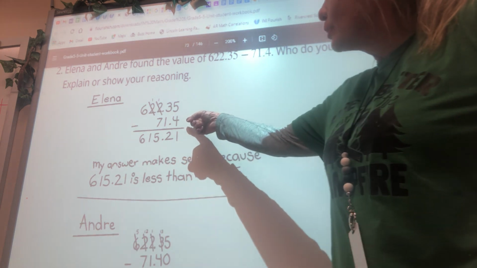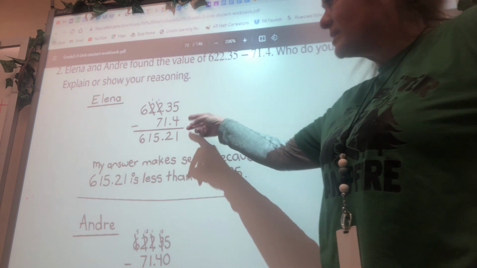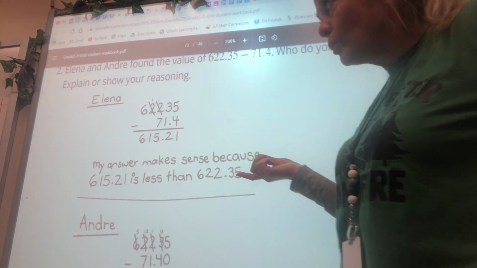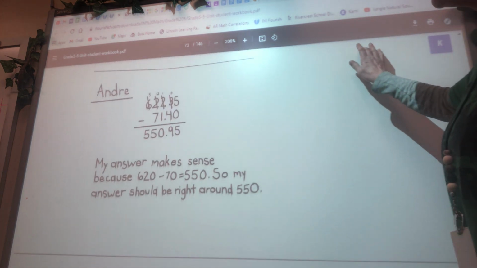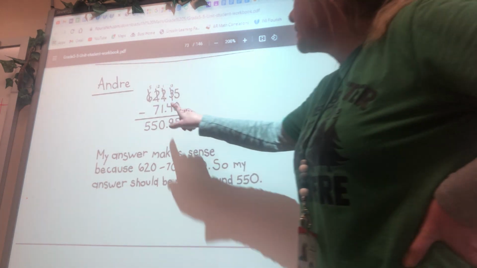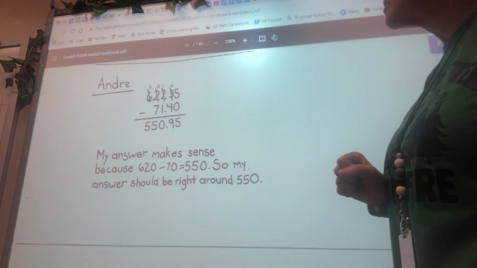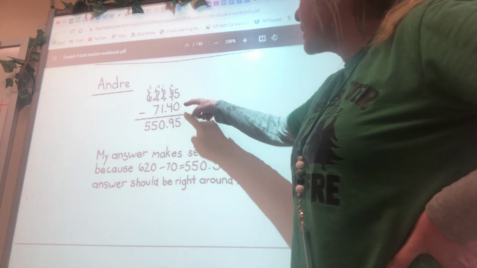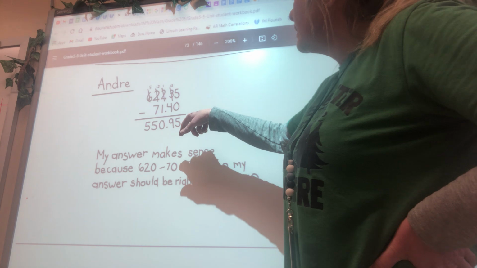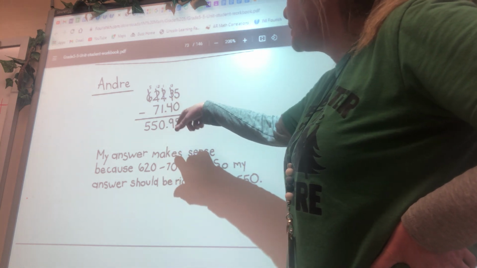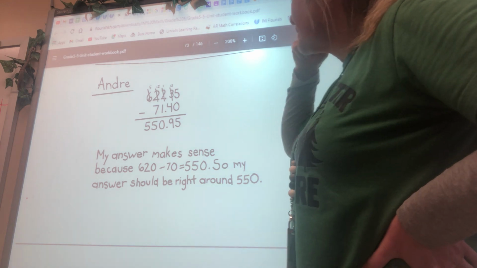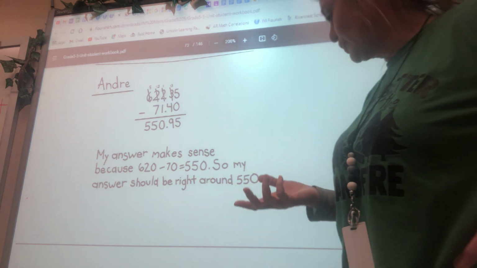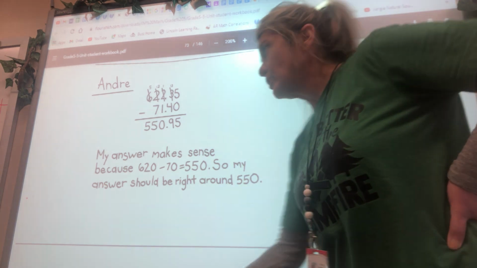And she was taking away 70 something, so that really should have told her right there she did something a little wrong. So let's look at Andre's. Now Andre, he lined up all of his decimals, and 5 minus 0 is 5, and he borrowed over here, and he borrowed some more. Well, it looks like he did it right, but I'm not really sure, so let's double check that for Andre.